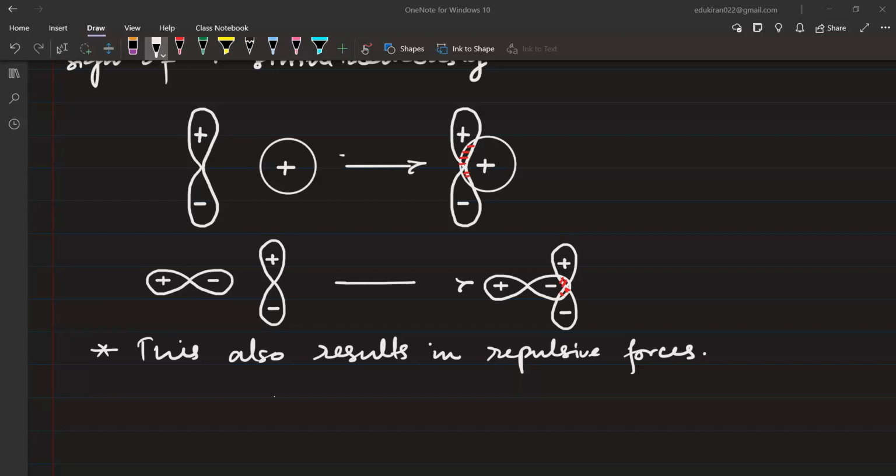Okay, so in the next class we will look at different types. See, only positive overlapping, you will write a note here.